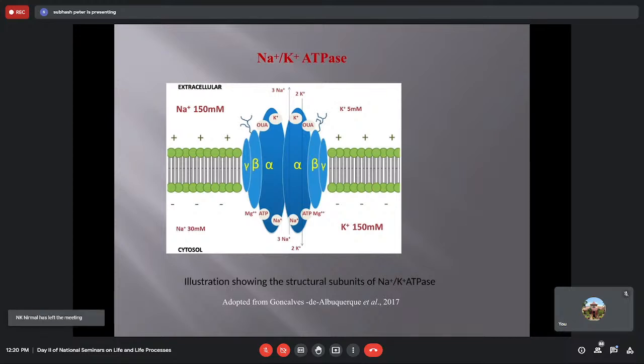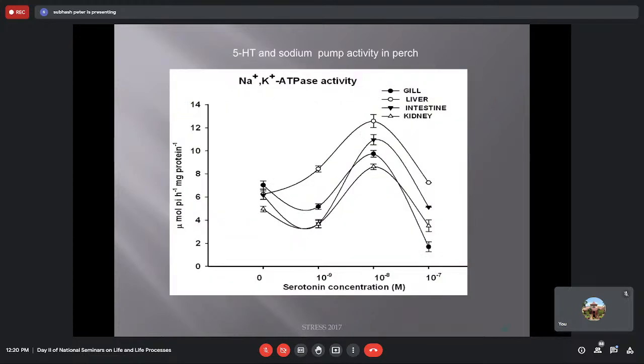It has components alpha, beta, and gamma, with different isoform subtypes, which all come together to make a holoenzyme, and that is very important for the transport of sodium across, and also sodium regulation at the systemic level. So we looked at all these things, and we have a classic start with that.